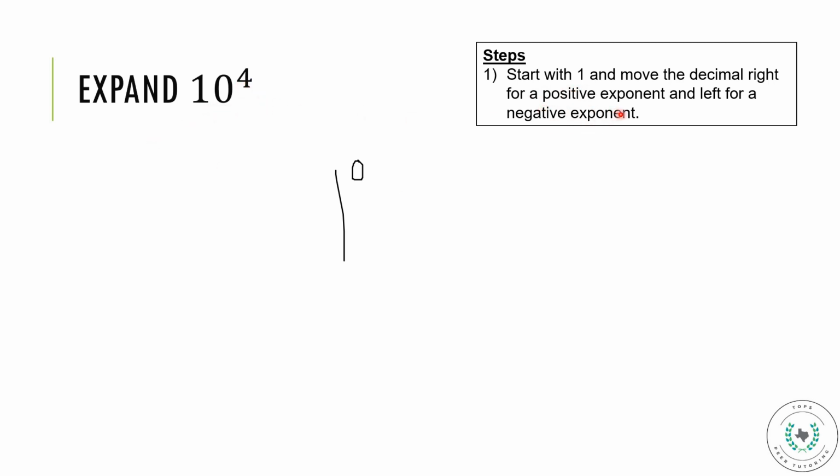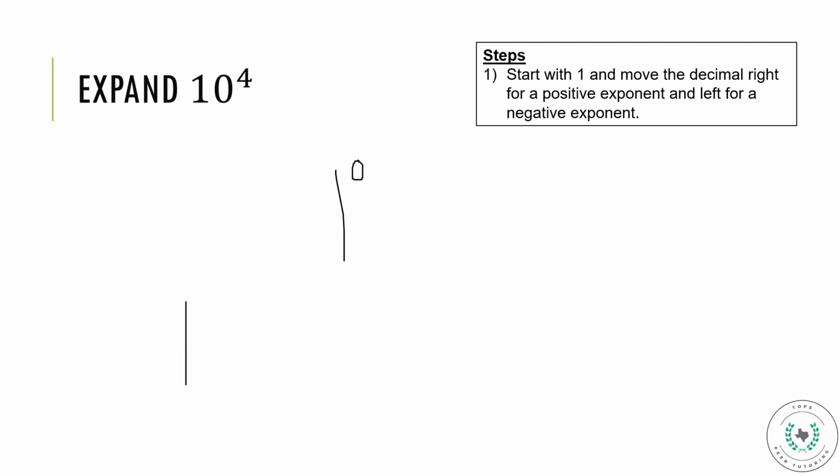It is a positive exponent, so we're going to move the decimal spot to the right, specifically 4 spaces to the right because the value is 4. So let's just put our 1. And there are technically 2 ways that you can do this, so I'll show you both. They're both really quick.